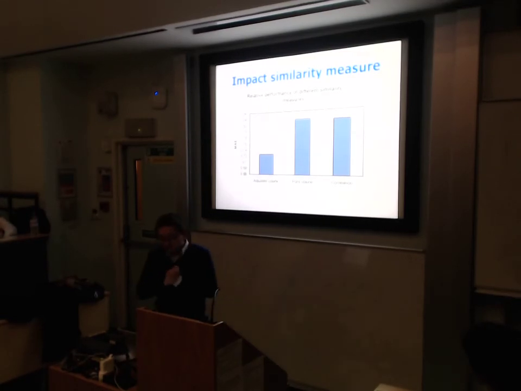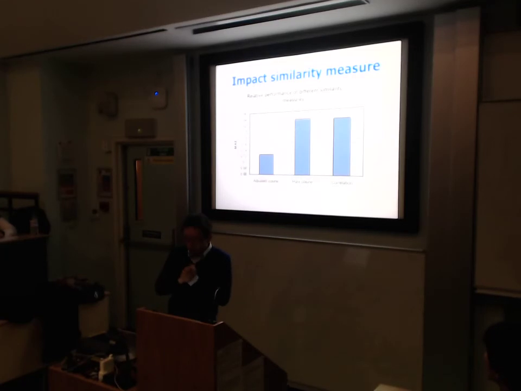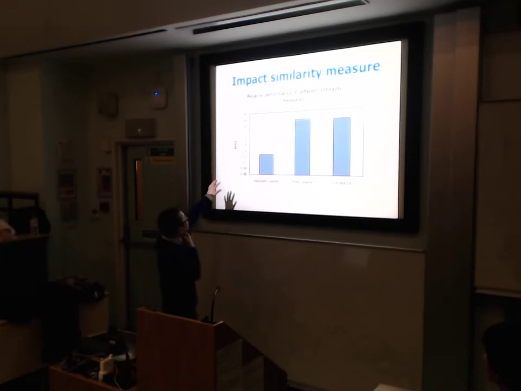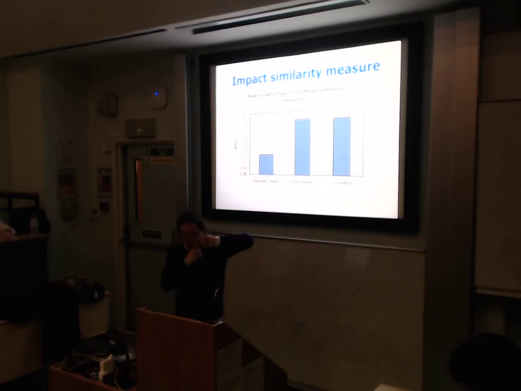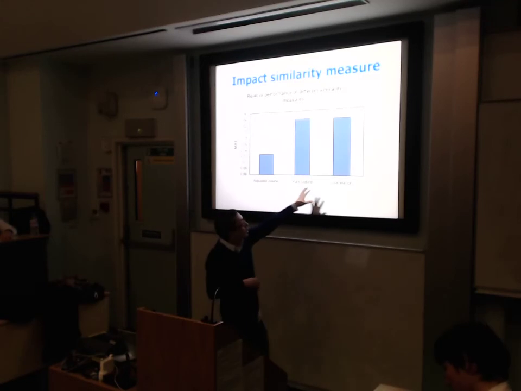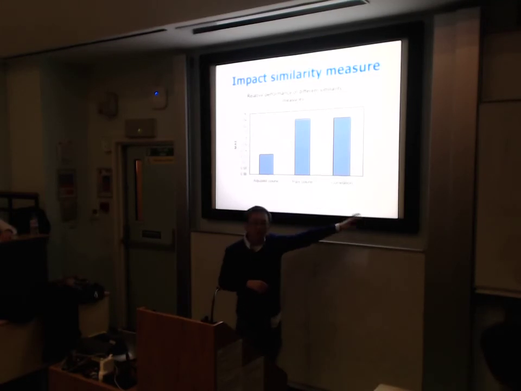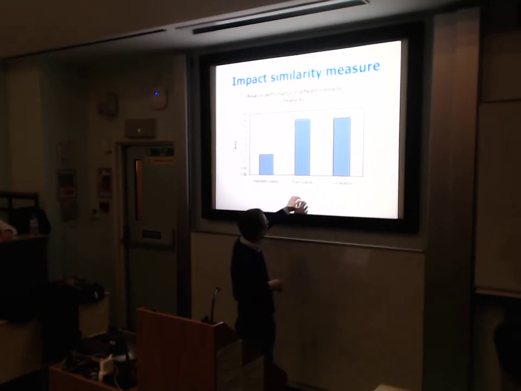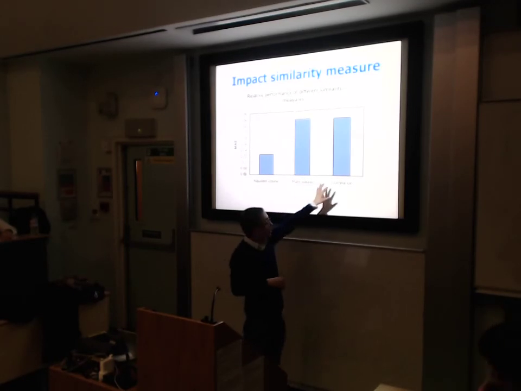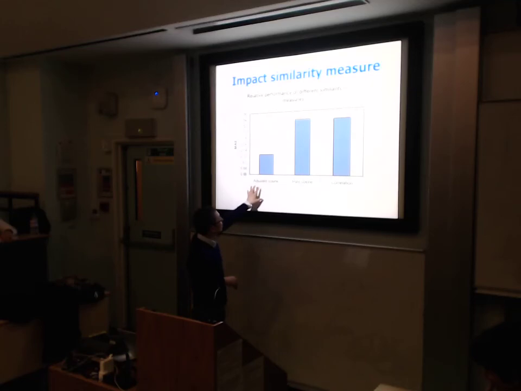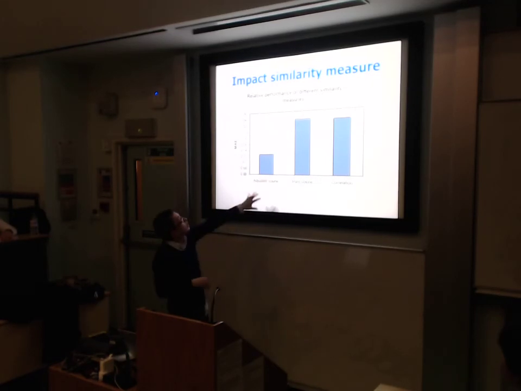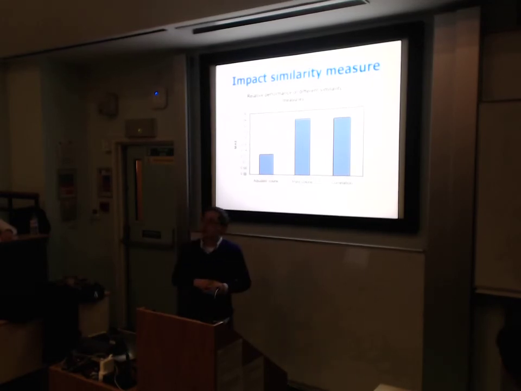So here are some experiment results. If you look at mean absolute error, and the similarities we talked about: cosine similarity, Pearson correlation, and adjusted cosine similarity. This is basically for the item-based approach.